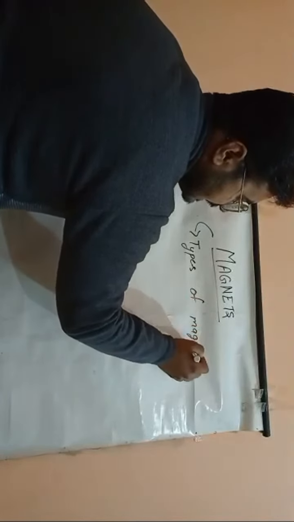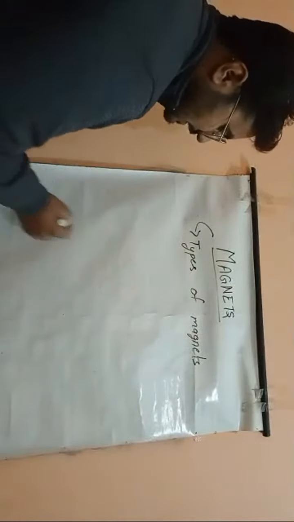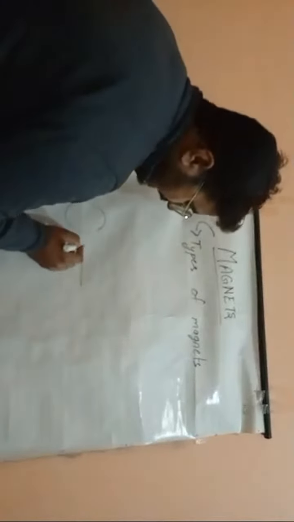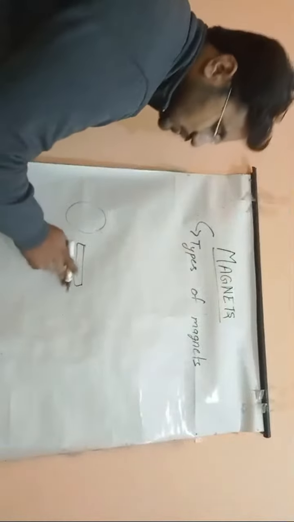In the types of magnets, many of you will be saying that the types are round, bar shape, or any other shape. But that is not the types of magnet. That is the structures of magnet.